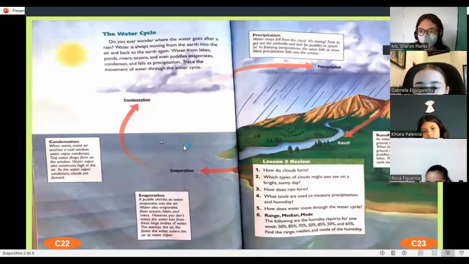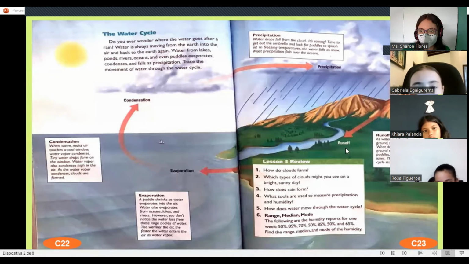So I'm not sure. Do you see the presentation? Yes, but I see a gray square with some lines. Okay, there it is. It's the connection.